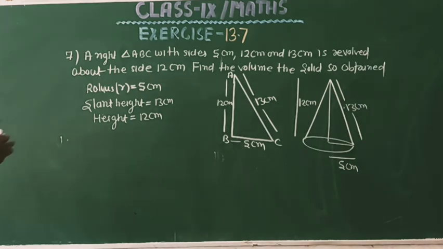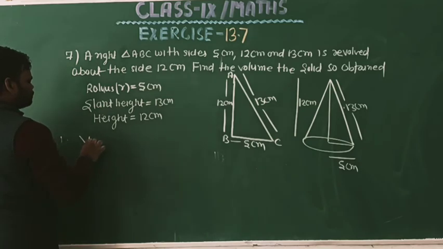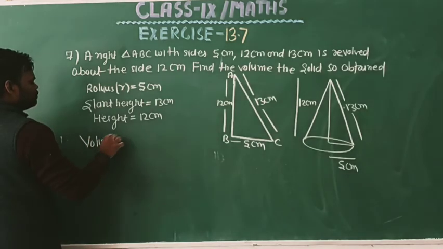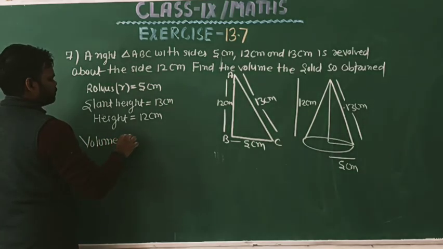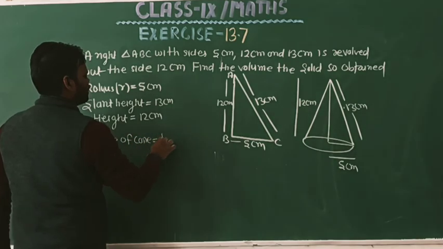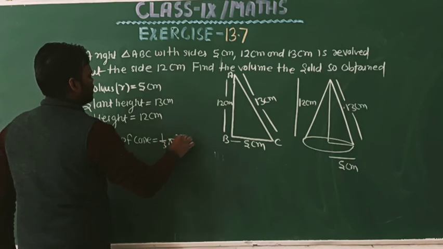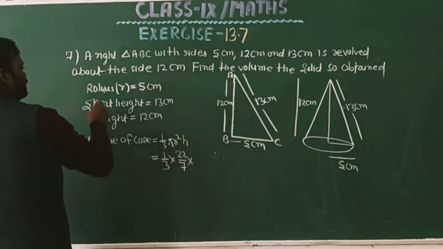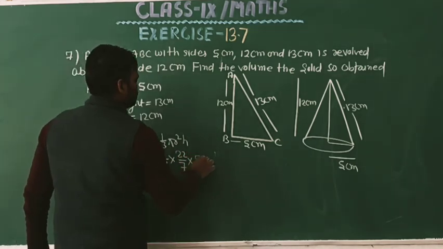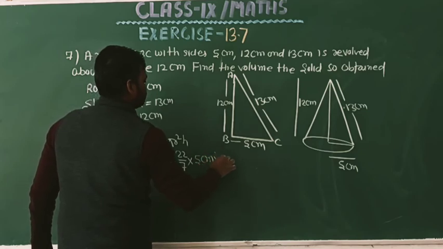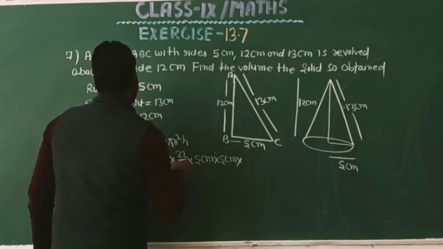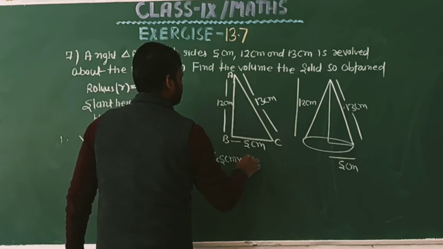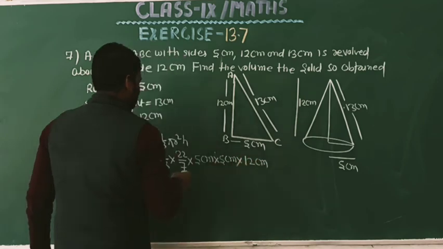So the volume of the solid cone equals 1 by 3 pi r square h. So this is 1 upon 3 into 22 by 7, and radius is 5 centimeter into 5 centimeter, and height is 12 centimeter.